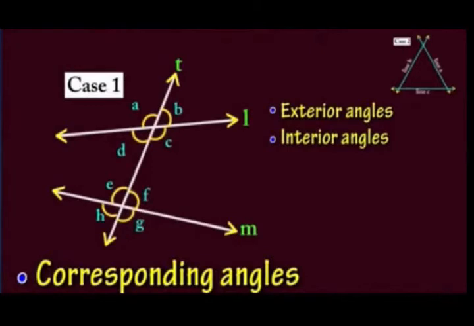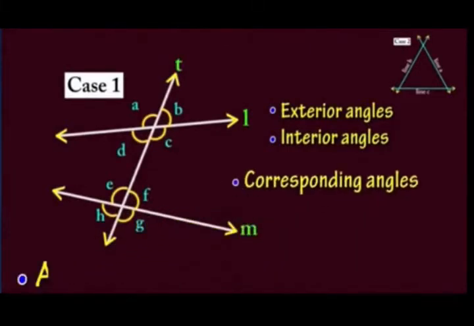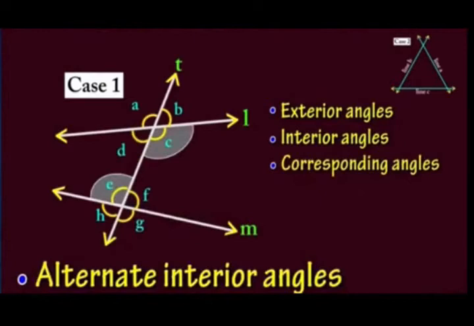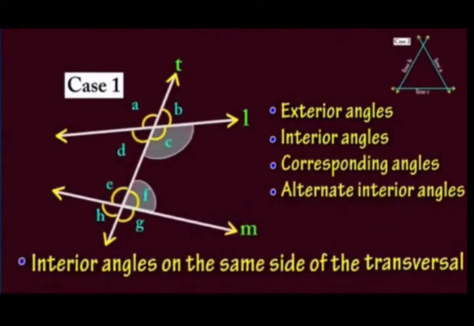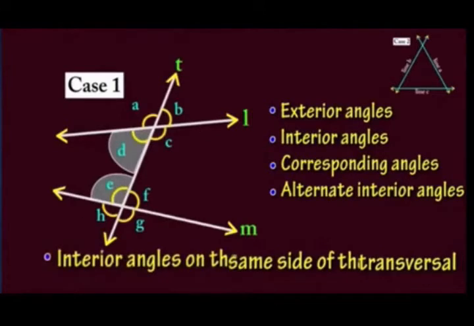These are the angles which lie on the same side of the transversal line. Now angles D, F and C, E are known as alternate interior angles, and angles D, E and C, F are known as interior angles on the same side of the transversal, or co-interior angles.